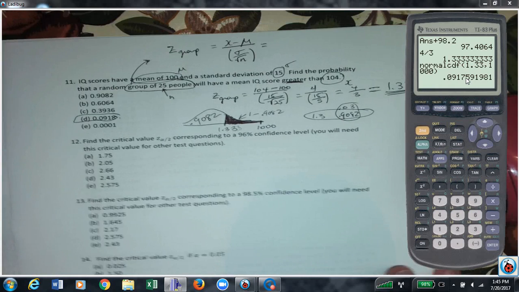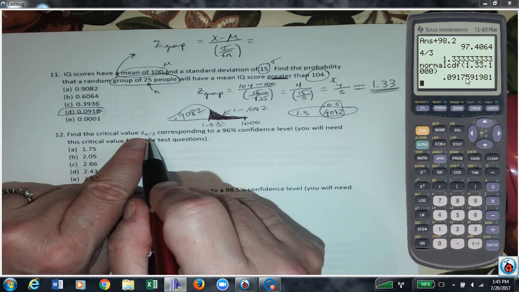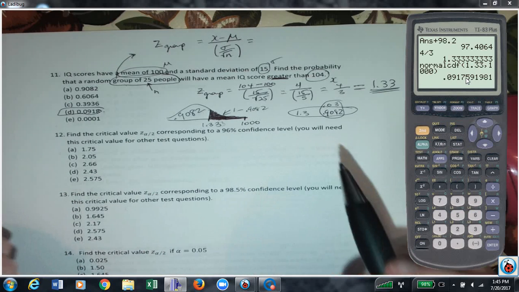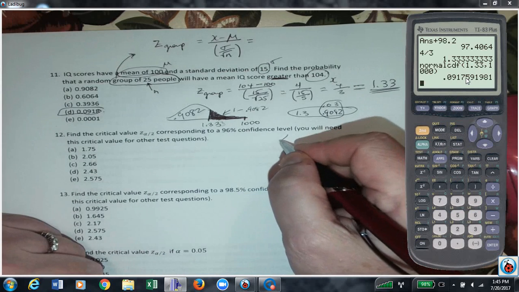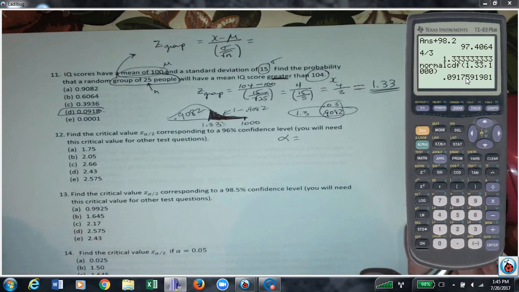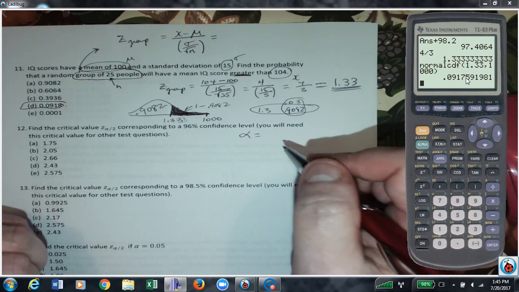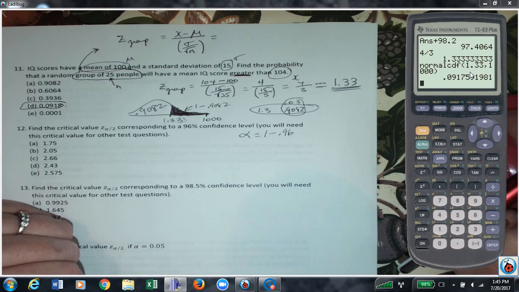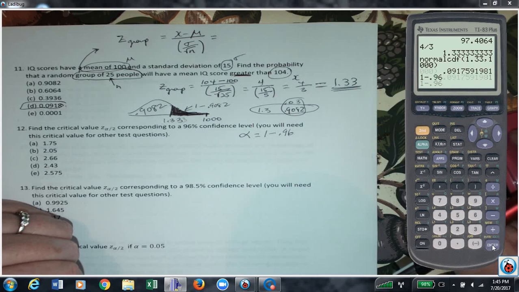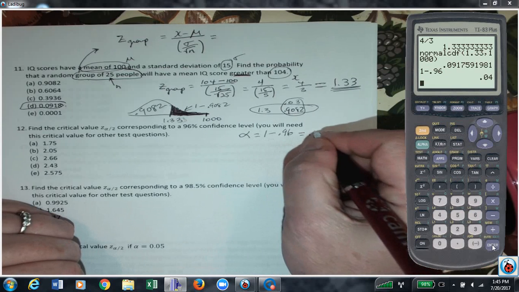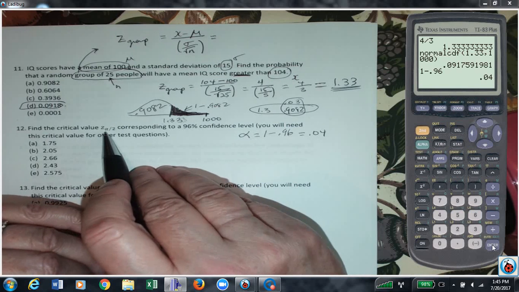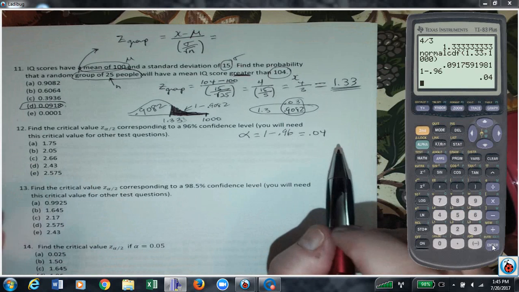Okay, now we need to find the critical value Z of alpha over 2, corresponding to a 96% confidence level. So alpha, which is going to be the total rejection region, is going to be 1 minus 0.96. But now our critical value, our rejection region is symmetric.